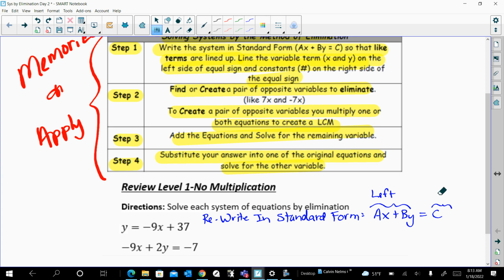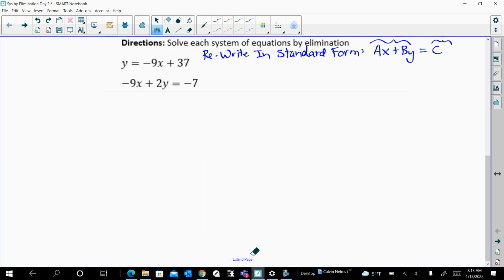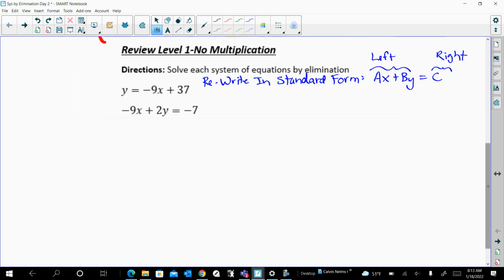Your constant is on the right side of the equal sign. Let me scroll up. So to do that, this requires moving terms over to the other side of the equal sign. We're going to have to rewrite for this first equation.